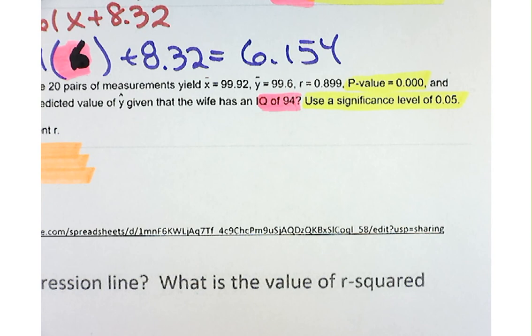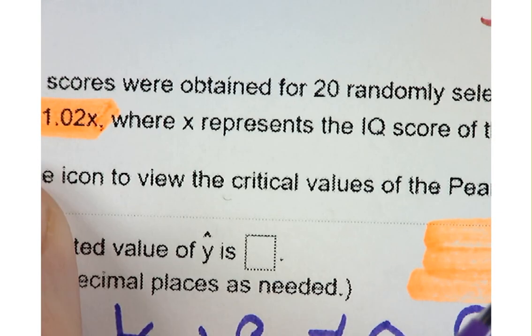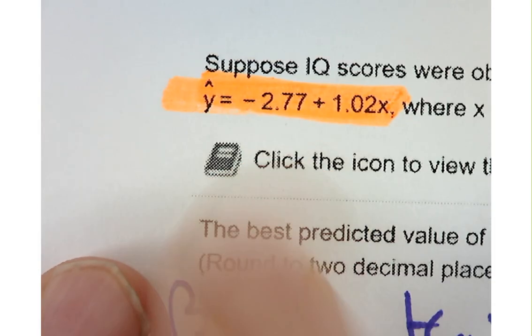For H naught, reject H naught or fail to reject H naught? Reject. Yeah, the p-value is smaller than alpha, so reject H naught. So that means we're going to use this regression equation to make our predictions.